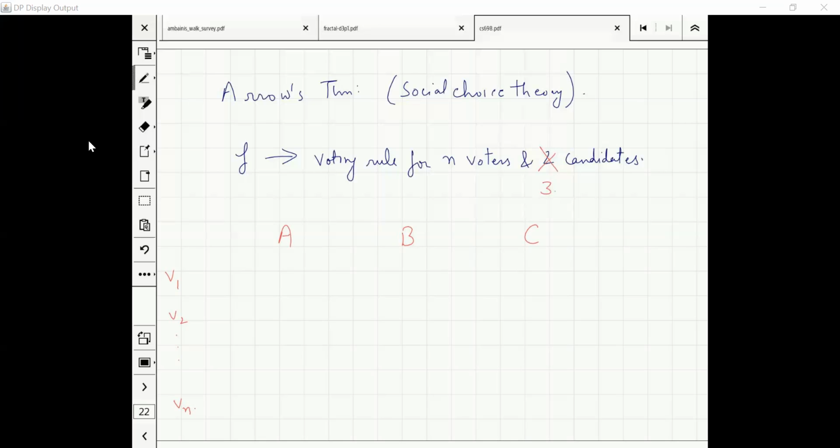It's not for every candidate. You can define a Boolean function for every pair of candidates, right? We can convert this problem into a voting rule for n voters and 2 candidates. Let's do it this way. Let's define 3 elections.